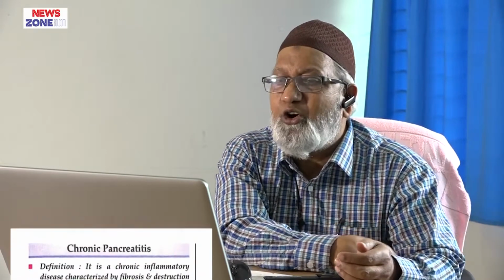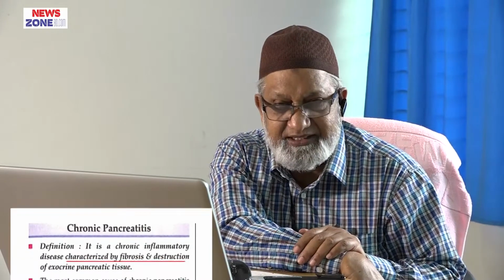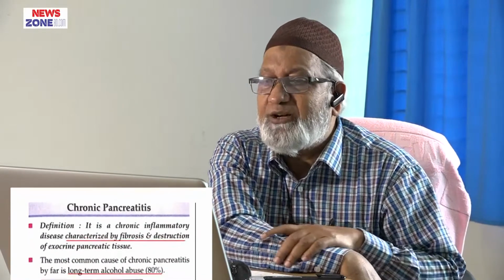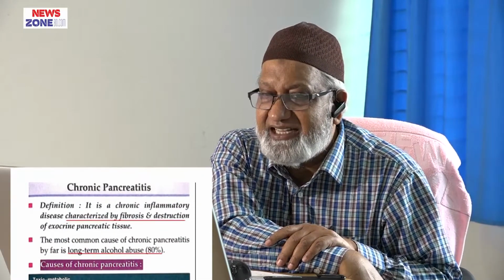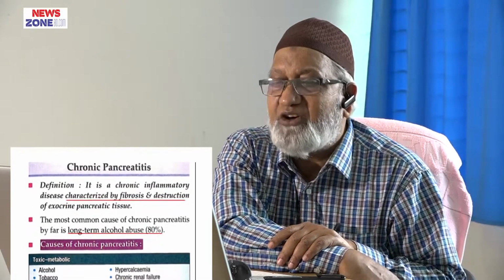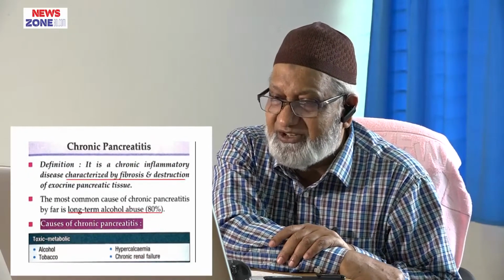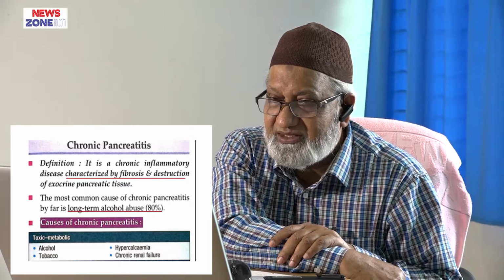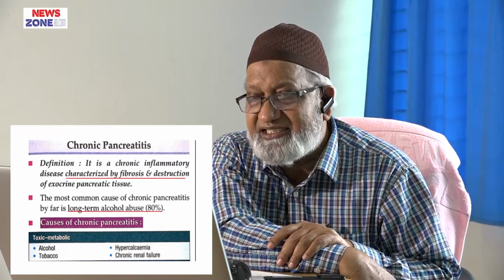Now, we will move on to chronic pancreatitis. Before going to chronic pancreatitis, again I want to ask a question. What are the criteria of chronic inflammation? Can anyone answer?